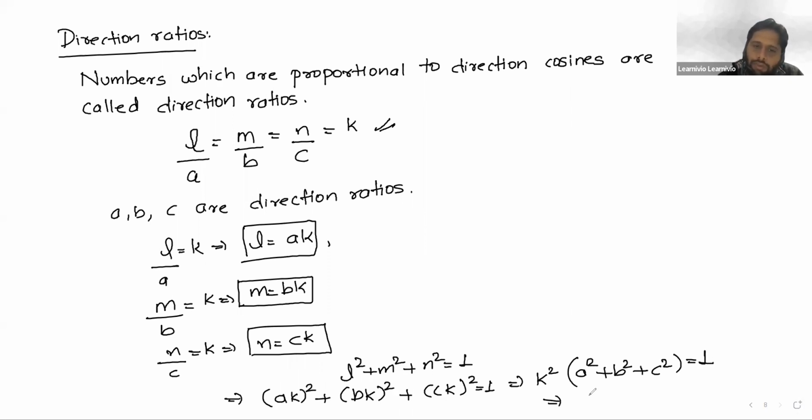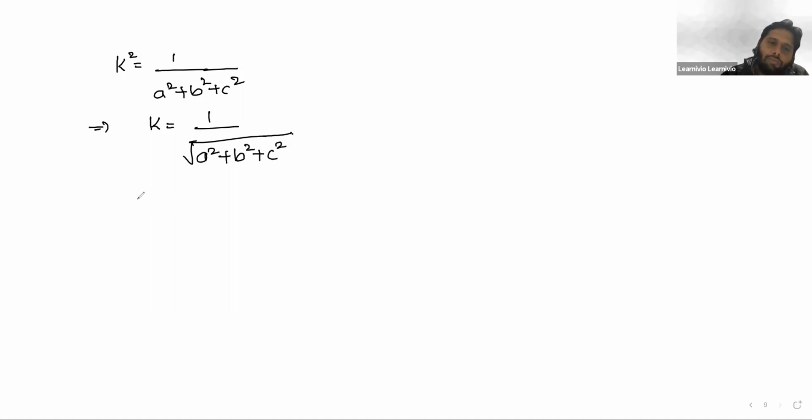I don't have the space, so I will write on the next slide. So we will get K square is equal to 1 by A square plus B square plus C square, and we will take the value of K as 1 by under root of A square plus B square plus C square.